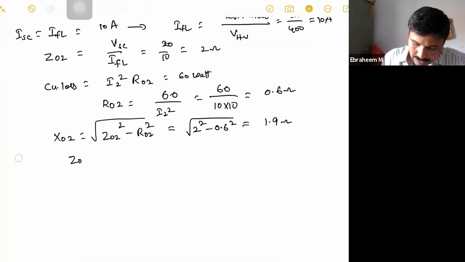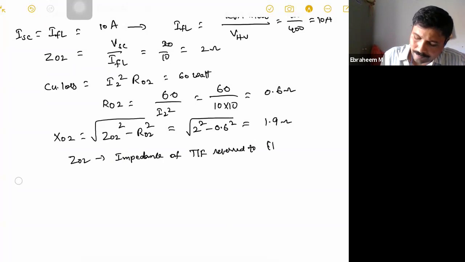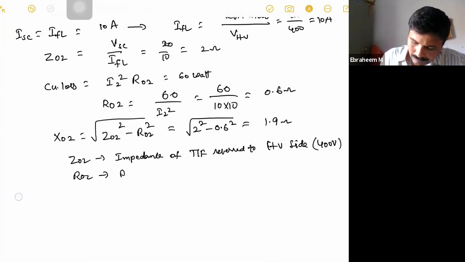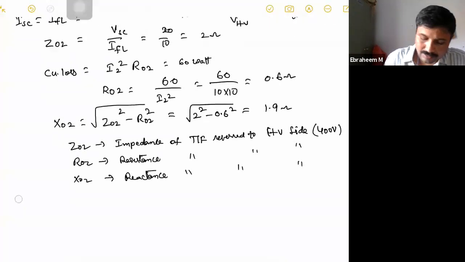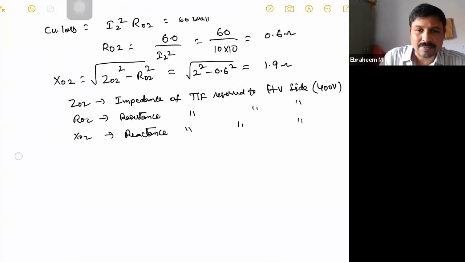So Z02 is the impedance of the transformer referred to the HV side. Similarly, R02 is the resistance and X02 is the reactance of the transformer referred to the HV side. So we have everything that belongs to the HV side of the transformer.